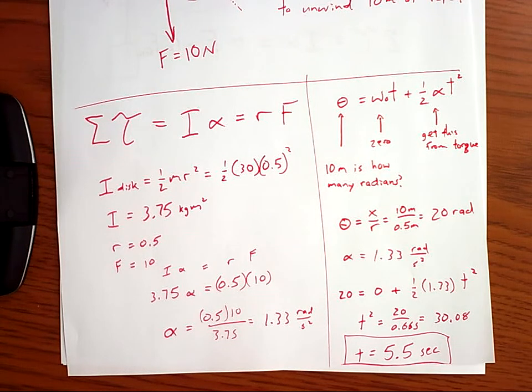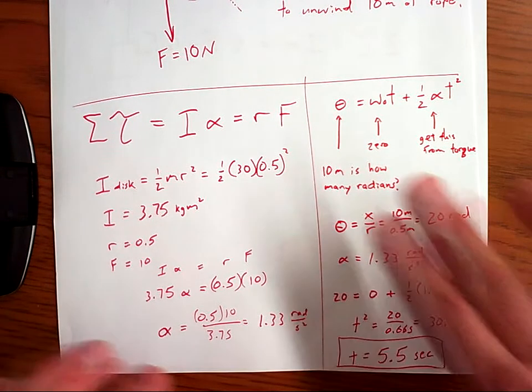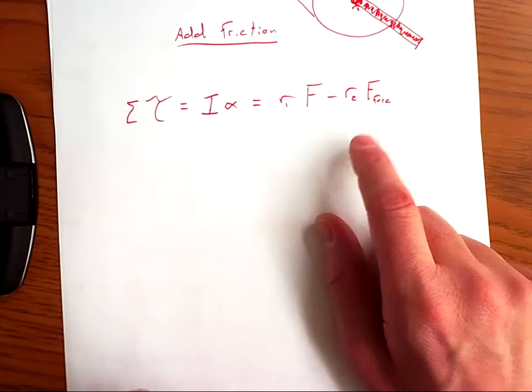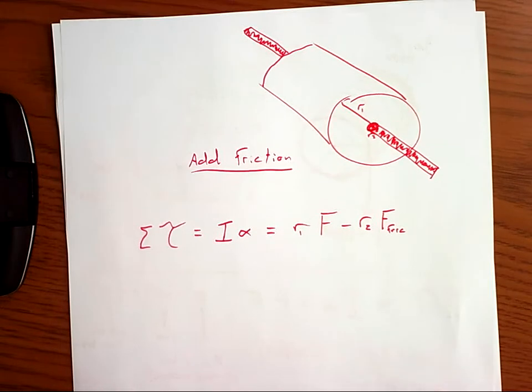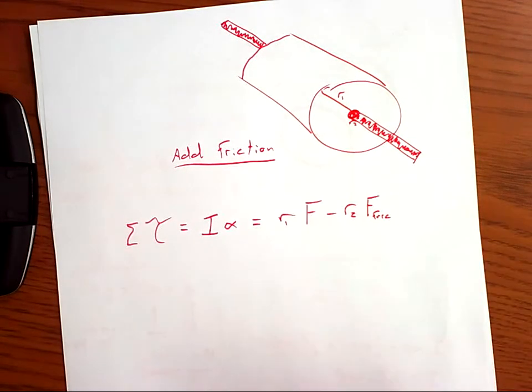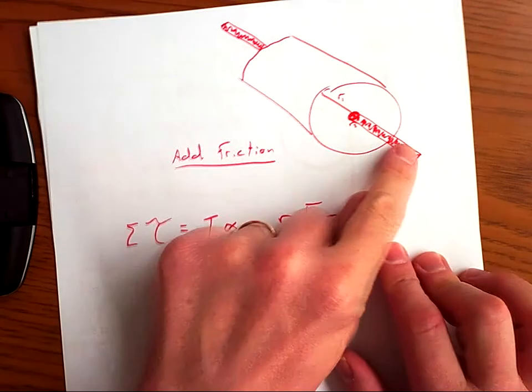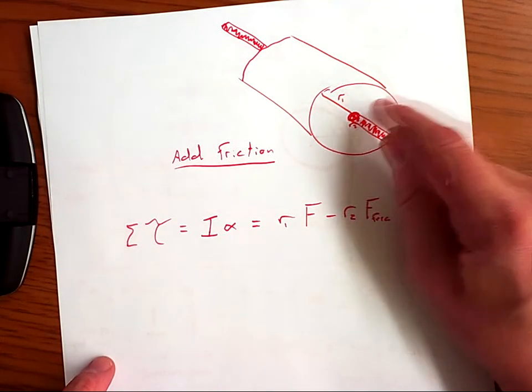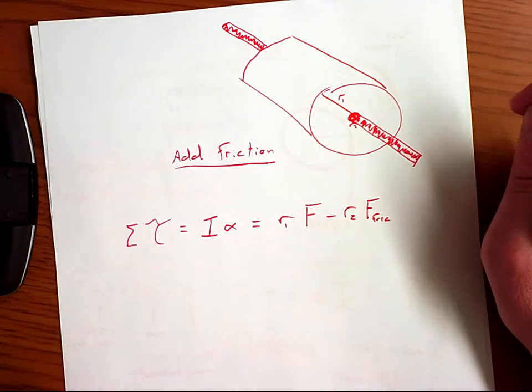Now, what if I were to add the force of friction into this problem? The force of friction basically requires the addition of an RF. So here we have our spool, and this time, instead of assuming that the spool is resting on an infinitesimally small rod, it's actually resting on some rod with a radius.